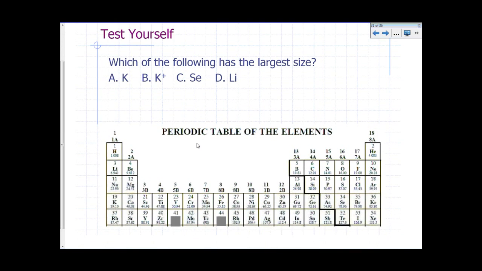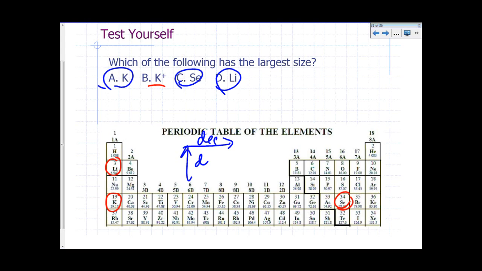Okay, let's apply those ideas to this question. Which of the following has the largest size? Potassium with a +1 charge, selenium right here, or lithium. Well, let's start off by just comparing this one and that one. What would that trend be? Size would be decreasing that way and decreasing that way, right?